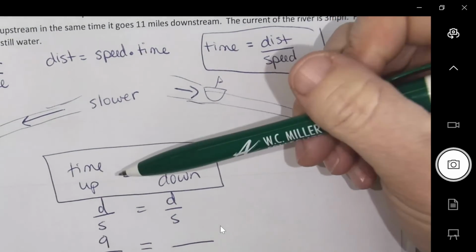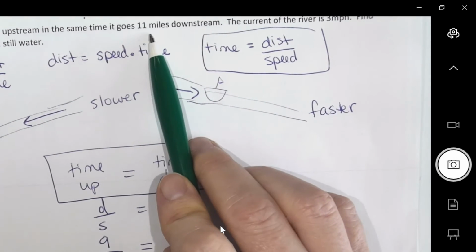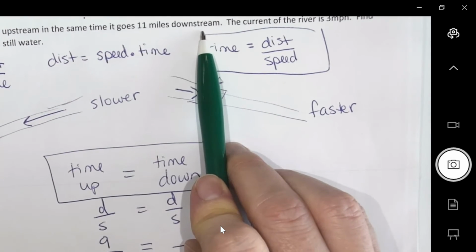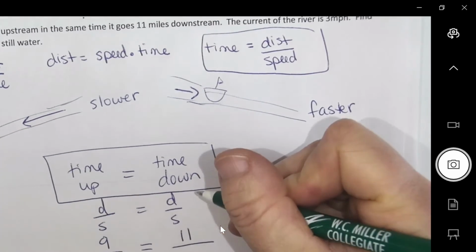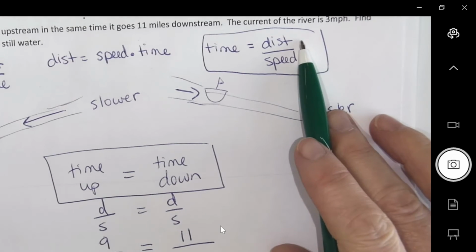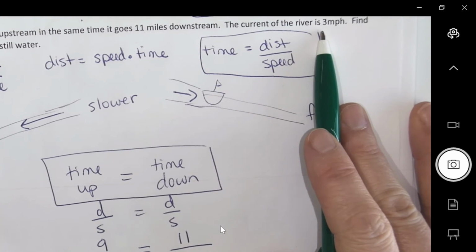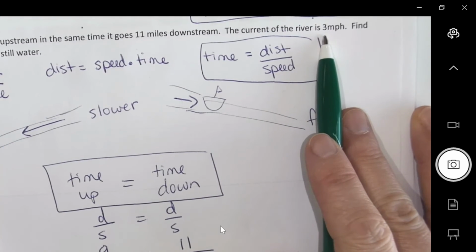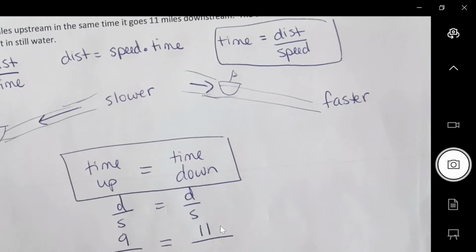In the same time, so that's why we're doing this equals thing, that it goes 11 miles down the stream. So where are you going to put 11? Distance down. The current of the river is 3 miles per hour. Find the speed of the boat.